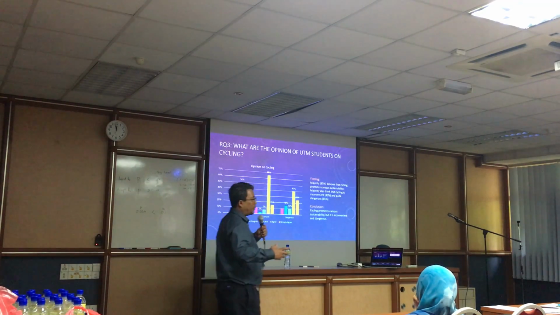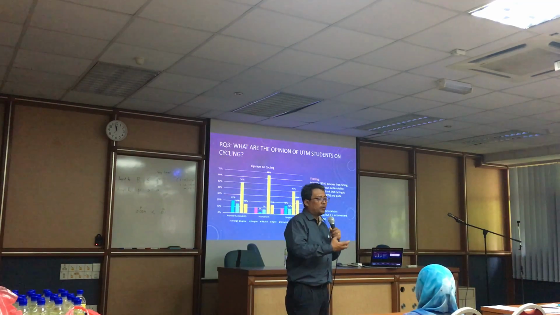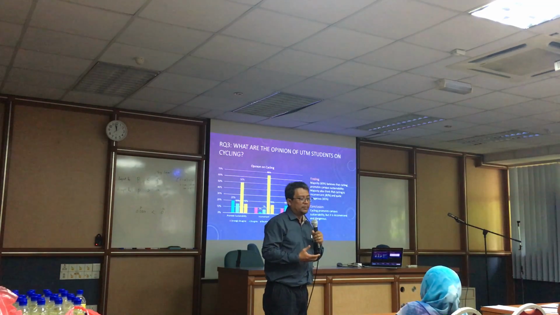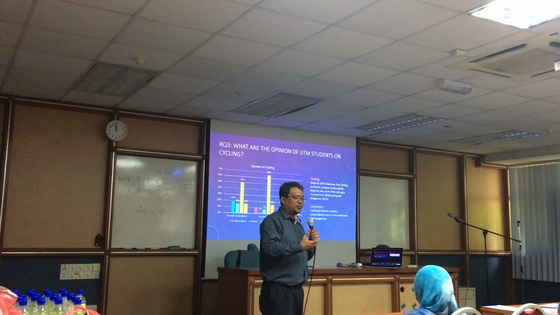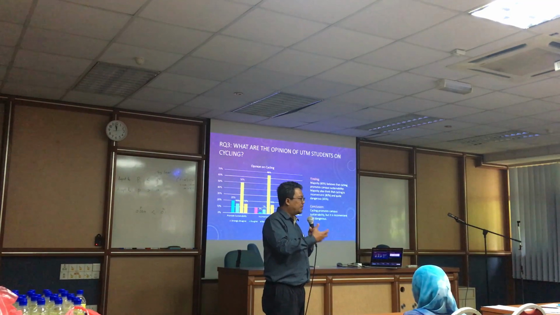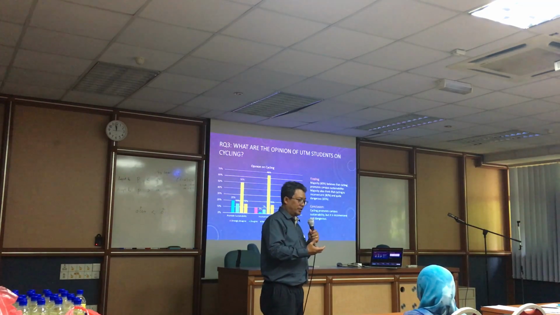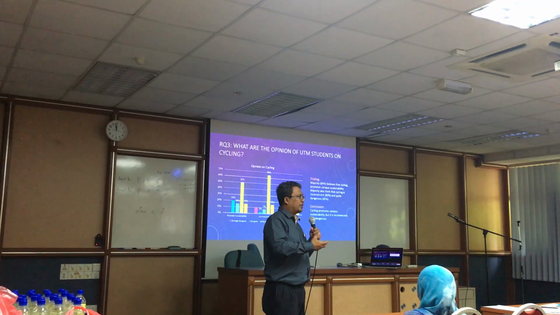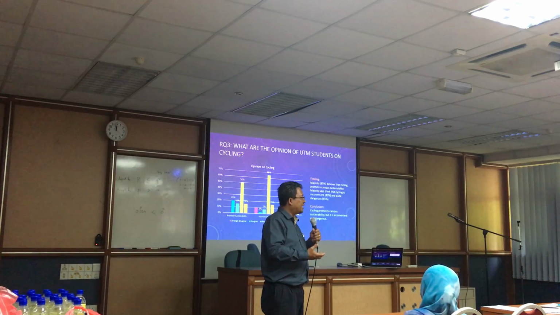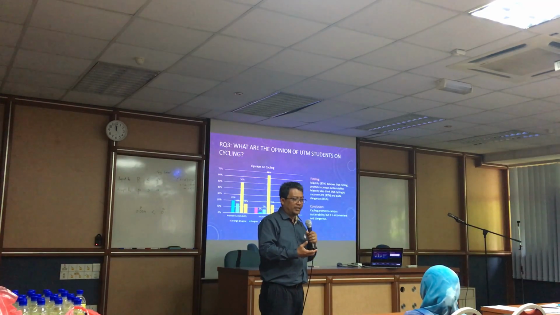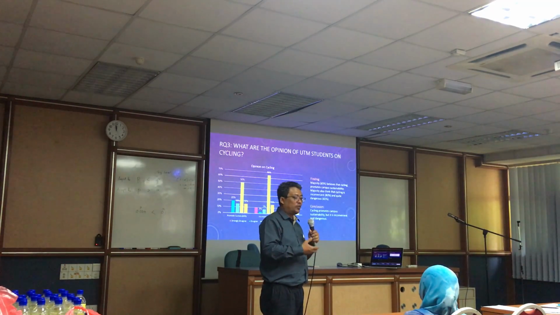Alright. So, how are these findings important? It means that students want to participate, maybe because they believe that cycling is good. It promotes campus sustainability. It promotes healthy living. But they don't want to do it because they think that it is dangerous and inconvenient.